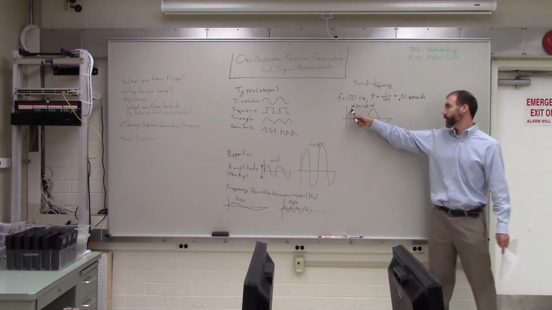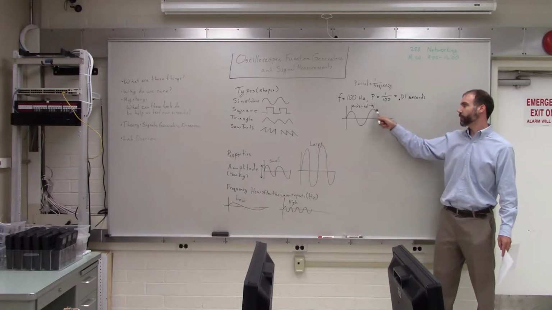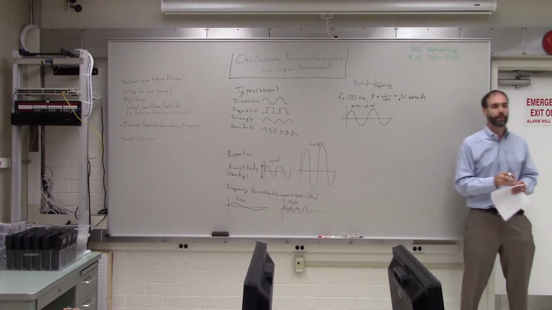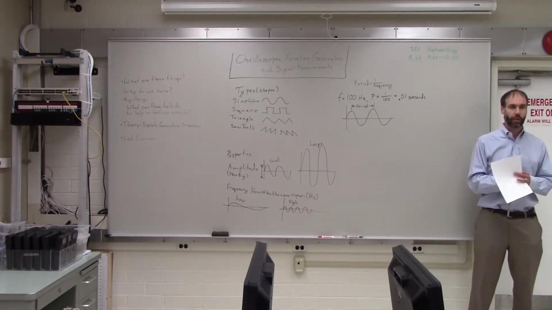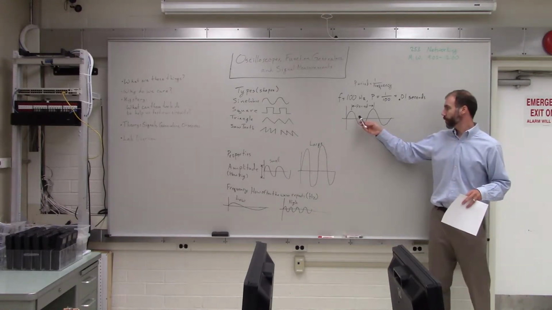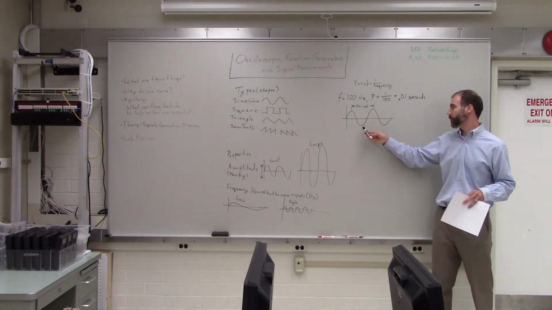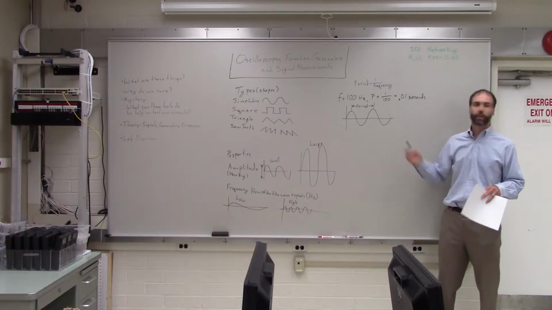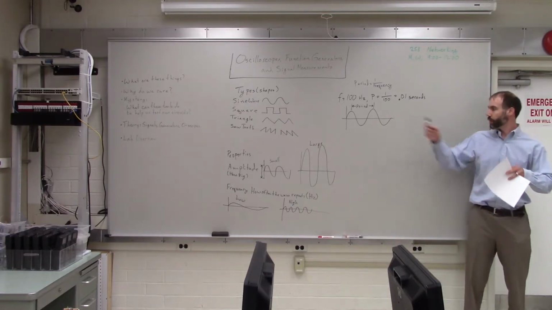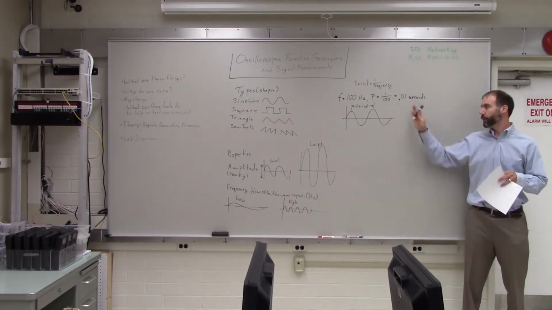It's the length of time that it takes for one complete cycle to occur. Does it always have to be from peak to peak, or can you do it from the middle to the middle? You could do it from the top to the top, the bottom to the bottom, middle to the middle, anywhere, as long as it's the same spot.